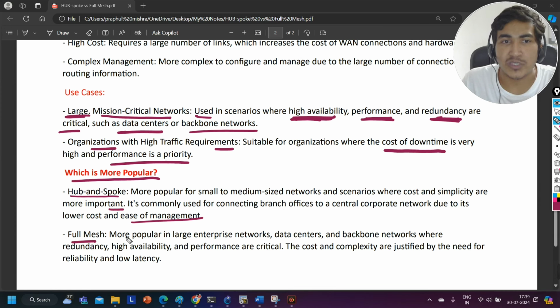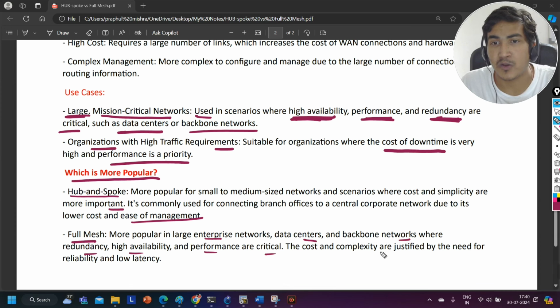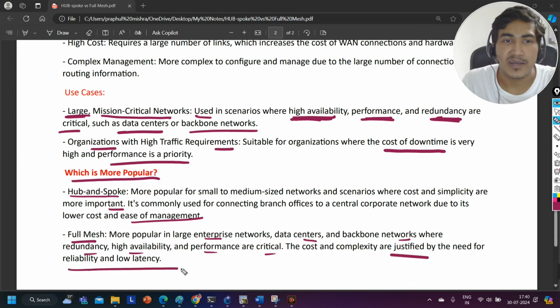But full mesh topology is more popular in large enterprise networks, data centers, and backbone networks where redundancy, high availability and performance are critical. The cost and complexity are justified by the need for reliable and low latency.